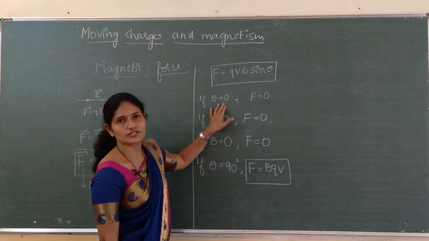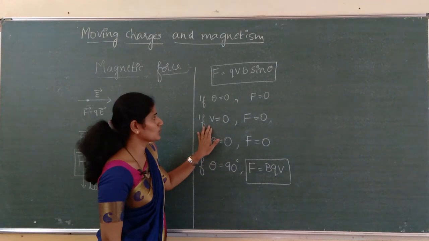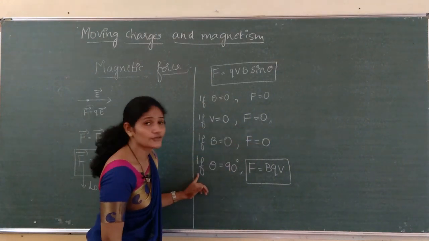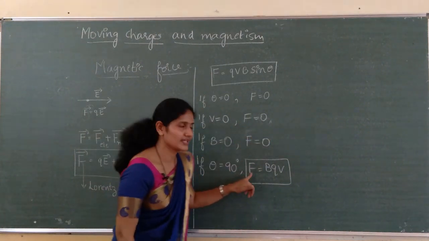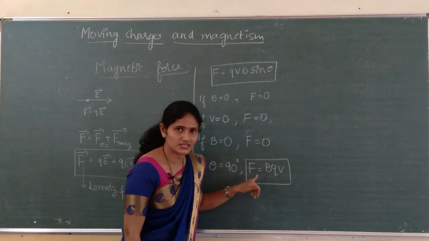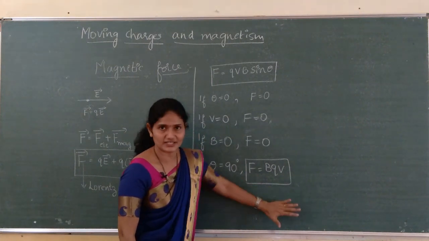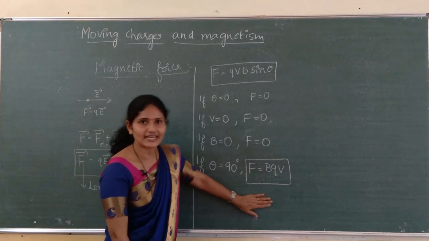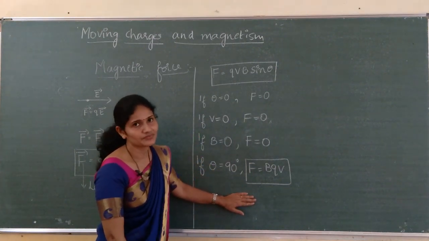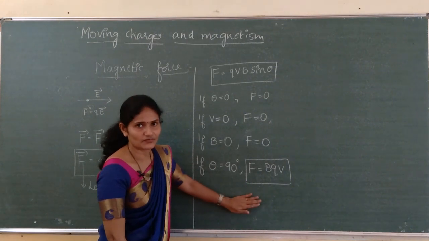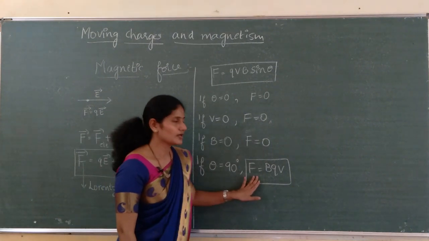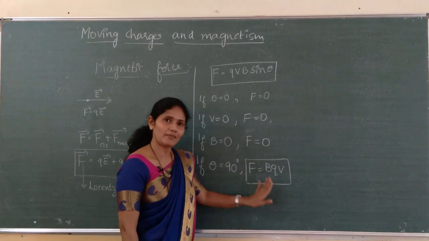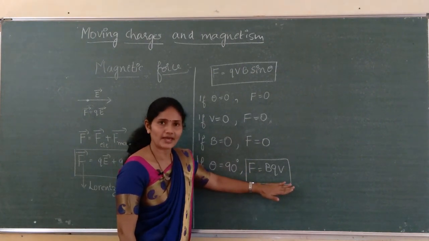If theta is equal to 0, F is equal to 0. If V is equal to 0, F is equal to 0. If theta is equal to 90 degree, then the force acting on the moving charge is maximum. When they are perpendicular to each other, magnetic force acting will be maximum, and this is the expression for magnetic force.